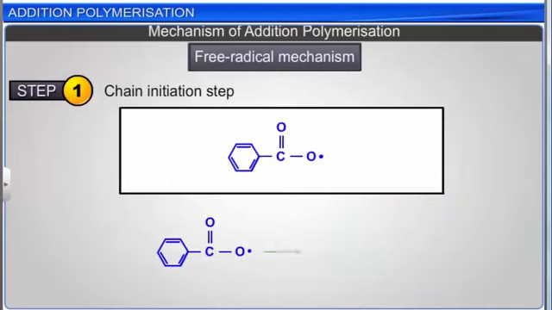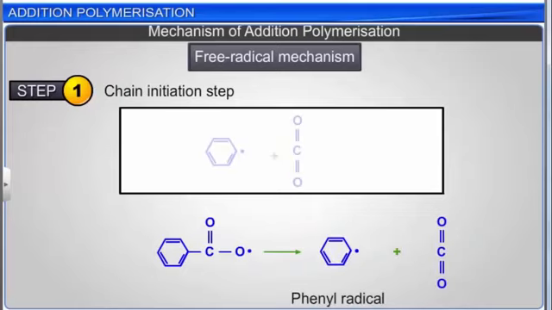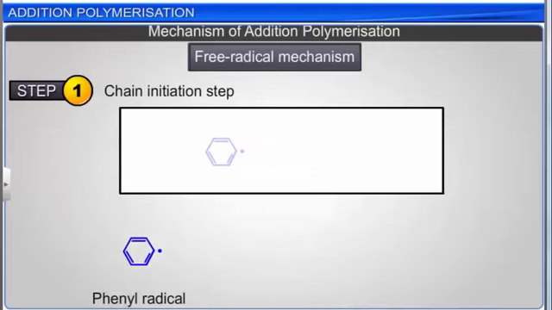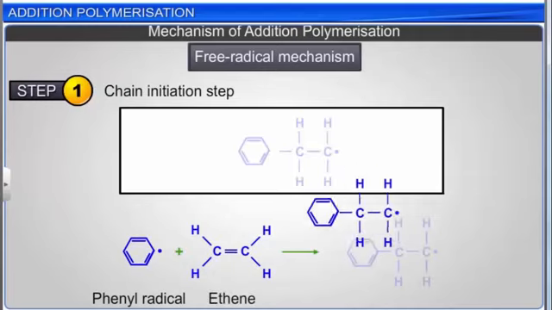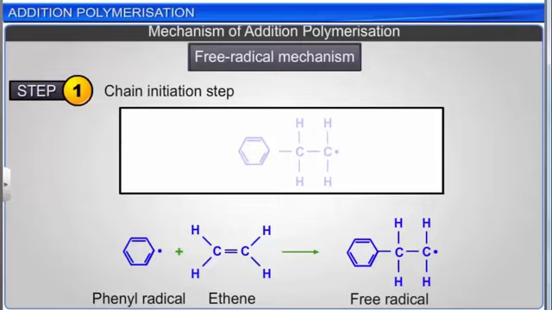The free radicals then break down further to form a phenyl radical and carbon dioxide. Now, the phenyl radical reacts with a monomer, in this case, ethene, to form another free radical.